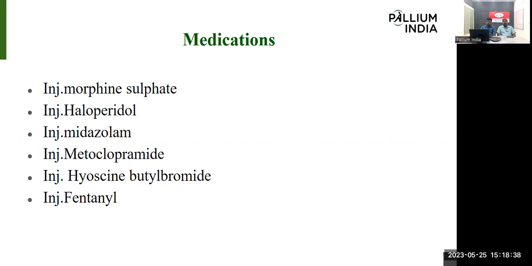These are the common medications we give subcutaneously. But studies are going on. Some more medications are proving they can be given subcutaneously. But in our setting, we commonly use these medications subcutaneously.